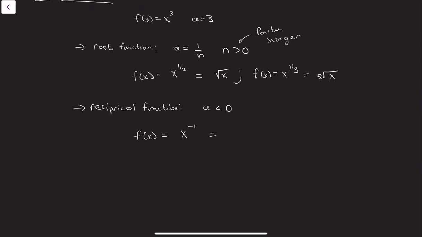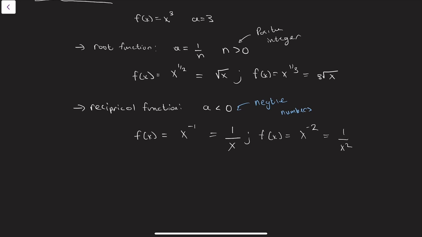So we know that that's equal to the reciprocal of x, which is 1 over x. If we had f of x is equal to x to the negative 2, we know that that's 1 over x squared. So very straightforward. And I'll clarify for this, negative numbers.